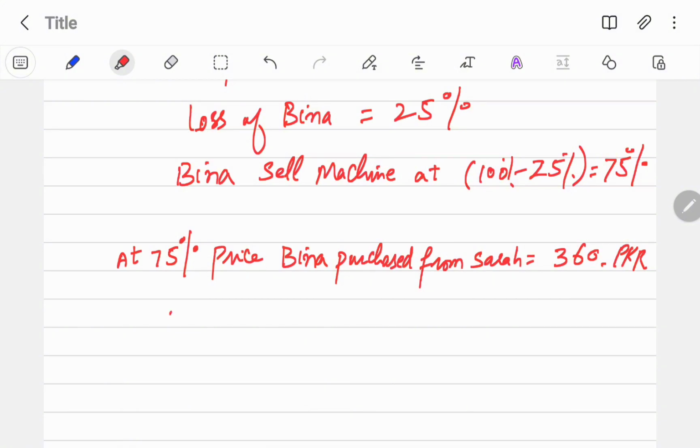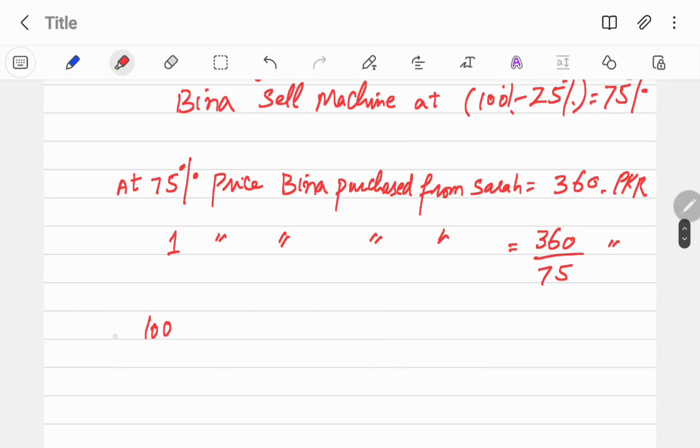If she pays 1% price of Bina purchased from Sara, it will be 360 divided by 75. It is the unitary method that we are doing at this place.